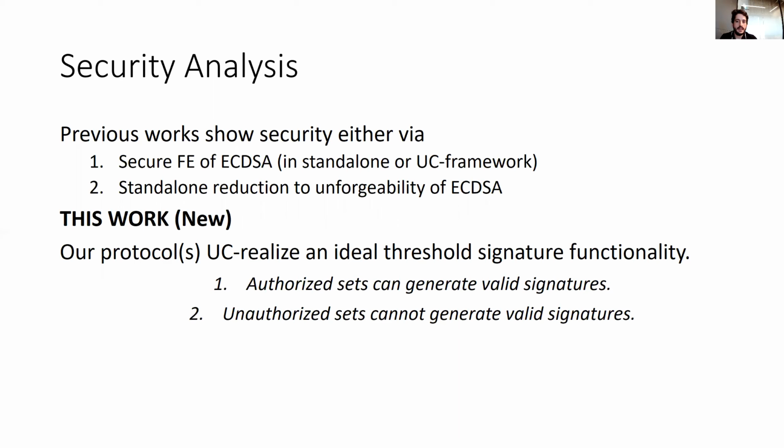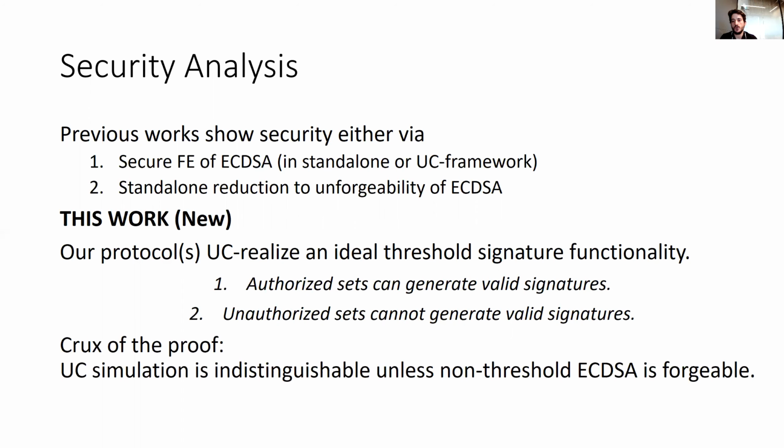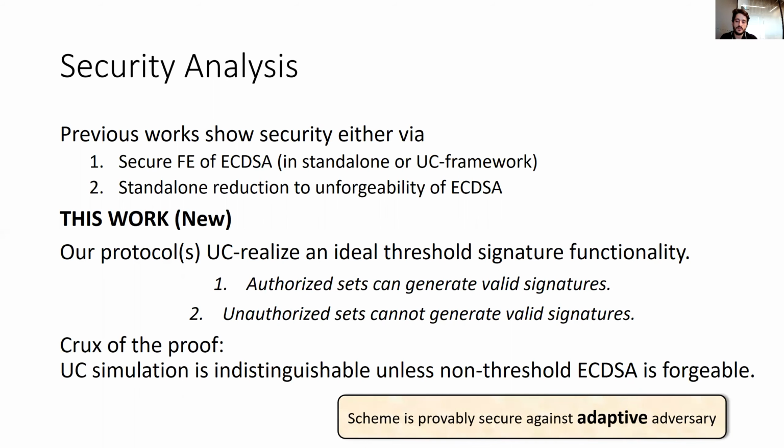So as I will explain next, the proof boils down to showing that the UC simulation is indistinguishable from the real execution as long as the underlying traditional scheme is unforgeable. This new approach not only better captures our security goals, but it also allows us to argue security against adaptive adversaries, something that is not known for other protocols.